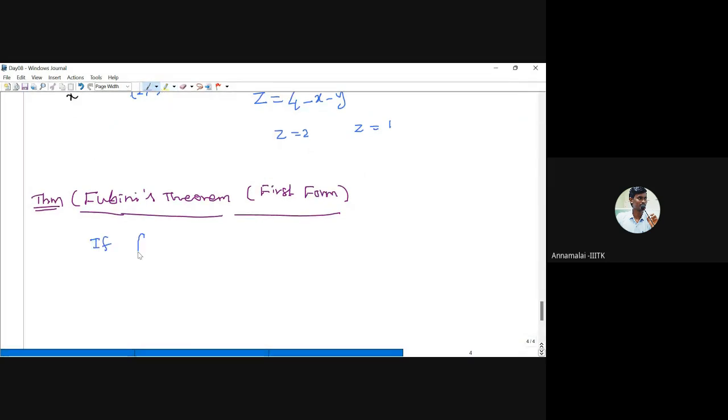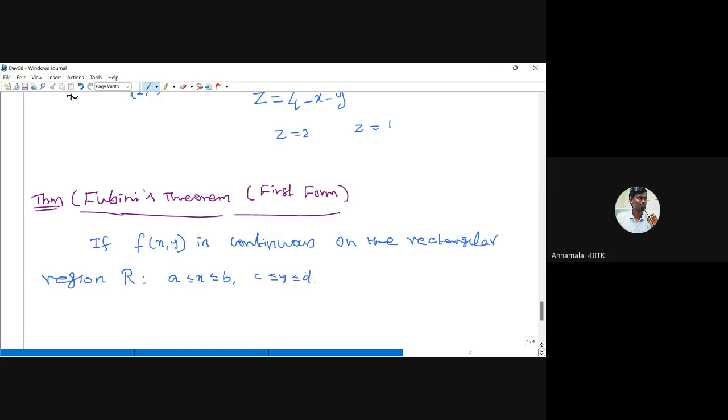So if f of x comma y is continuous on the rectangular region R, where R is the range of x, a less than or equal to x less than or equal to b, and then c less than or equal to y less than or equal to d. So this is a rectangle.